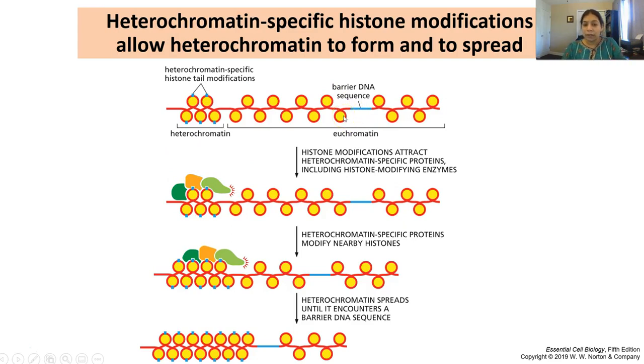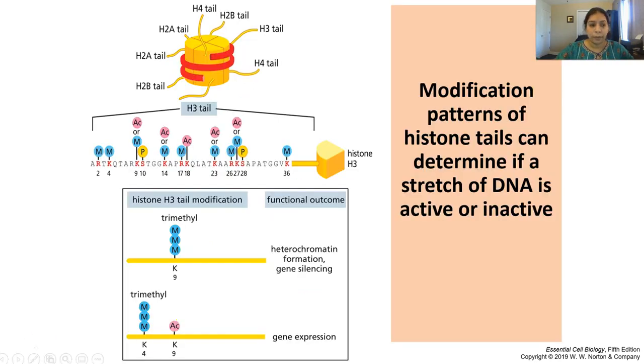When they reach the barrier sequences, that complex falls off and cannot continue further into the euchromatin region, allowing the euchromatin region to remain open and more available for transcription needs. So, like I said, these histone tail modifications control which area of DNA is going to be more compacted versus other, and thus which area of DNA is going to be more active or inactive.